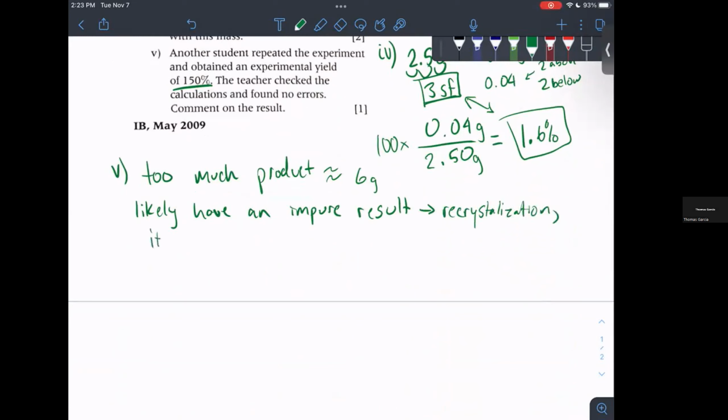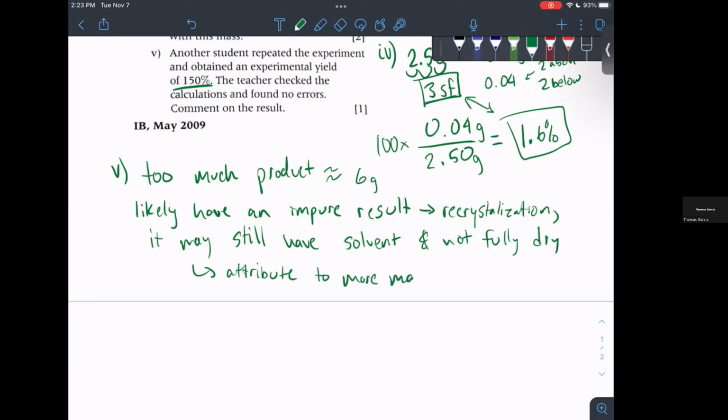It may still be wet. It may still have solvent and not be fully dry. There's a bunch of different answers. Both of these would attribute to more mass. All right, I hope that helps, and good luck.